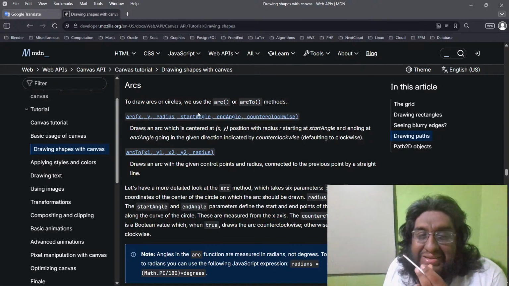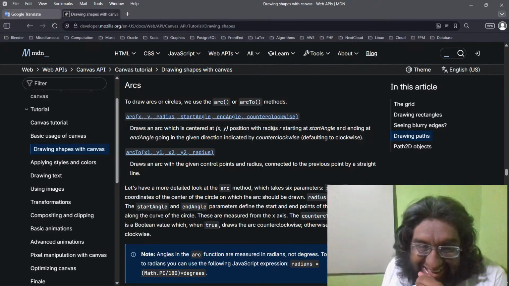I was thinking, oh, it's too many parameters for this. But now I know.